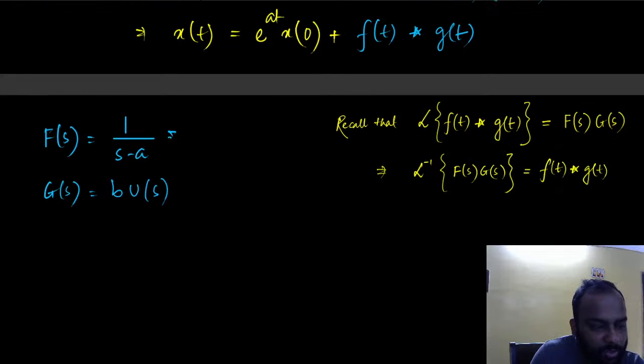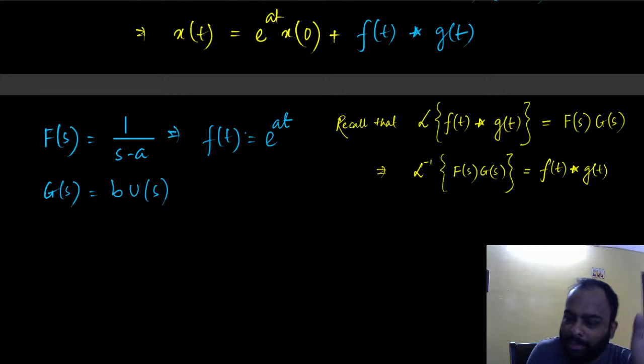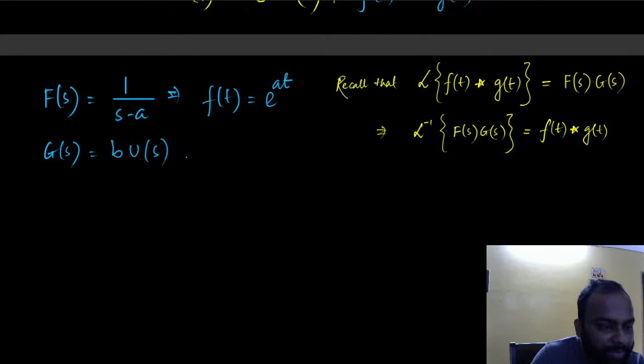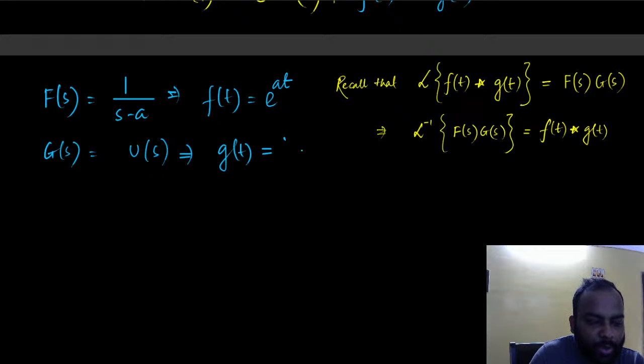So if that is so, then what is f(t)? f(t) is e to the power at, and I'm not writing u(t) because it is understood, since we are only talking about causal systems and all the signals are causal also. And here the inverse Laplace transform, which gives you g(t), would be just, as you can see, the inverse Laplace transform of 1 over s is u(t), so the inverse Laplace transform of b over s is just b u(t).